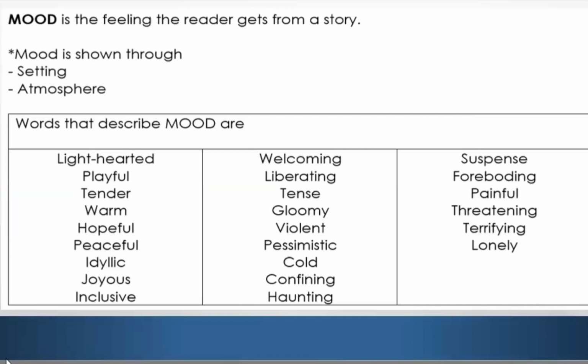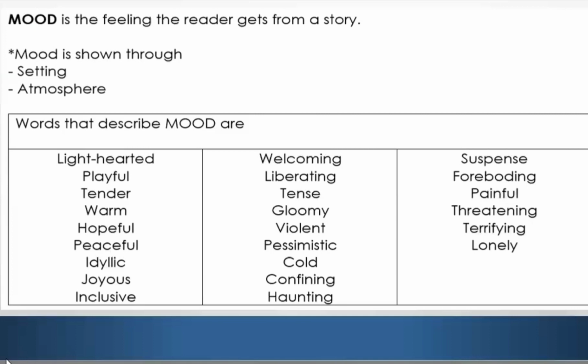And I will reiterate once again that when we say tone, it has something to do with your feelings towards the things that you are reading, or the feelings of the author.